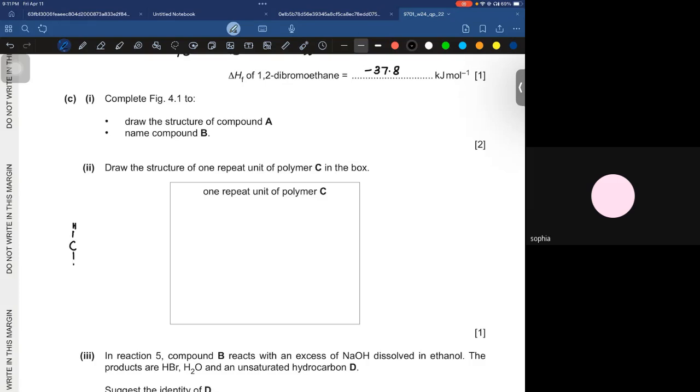This is your bromoethene. You have to only write down the single covalent bond. This is H, Br, and H, and this is the continuous chain, as this is the repeat unit.